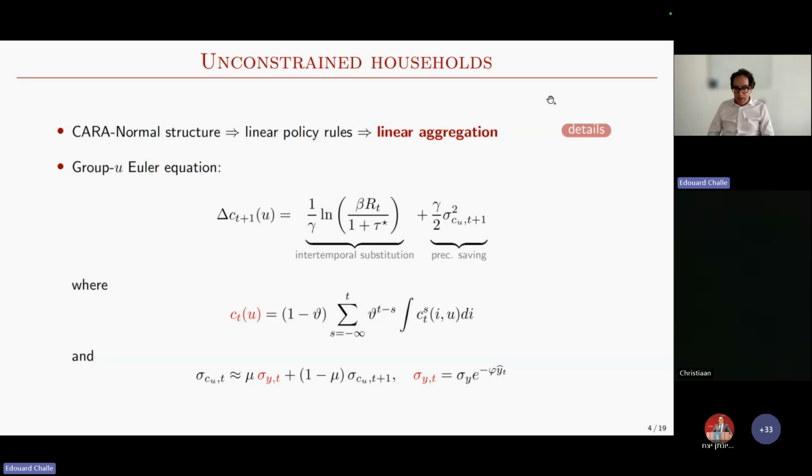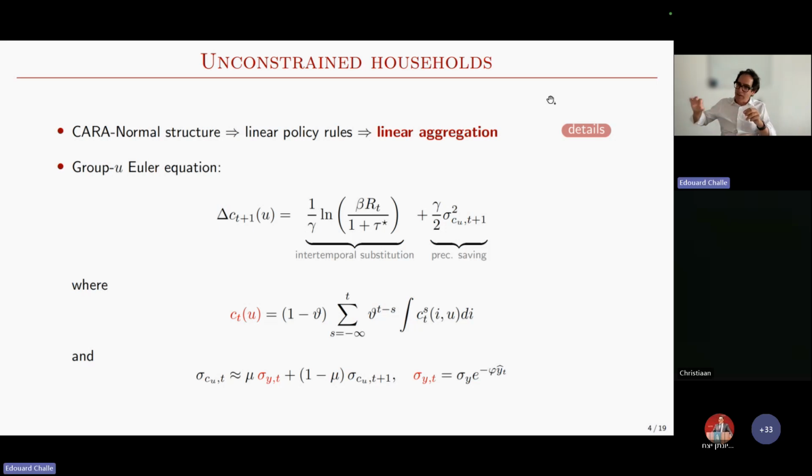And what does consumption risk depend on? It's a forward recursion, but in simple words, it's going to depend on income risk, sigma_y here.